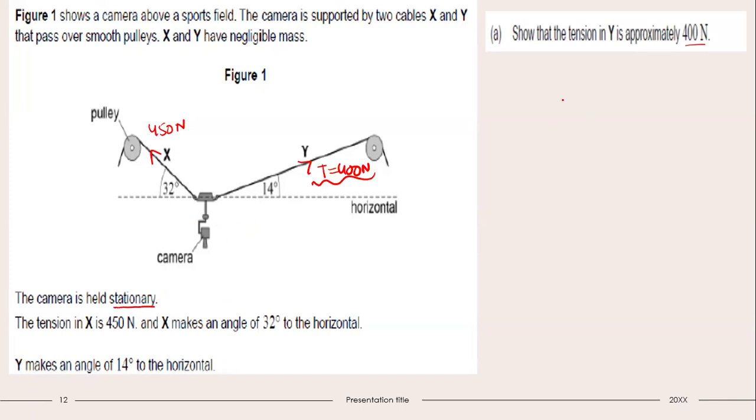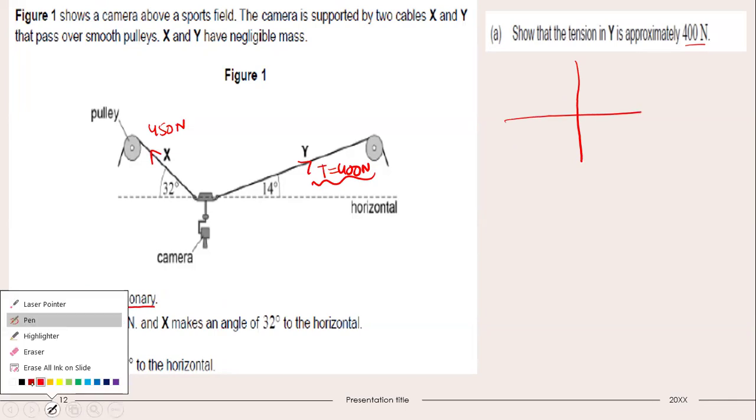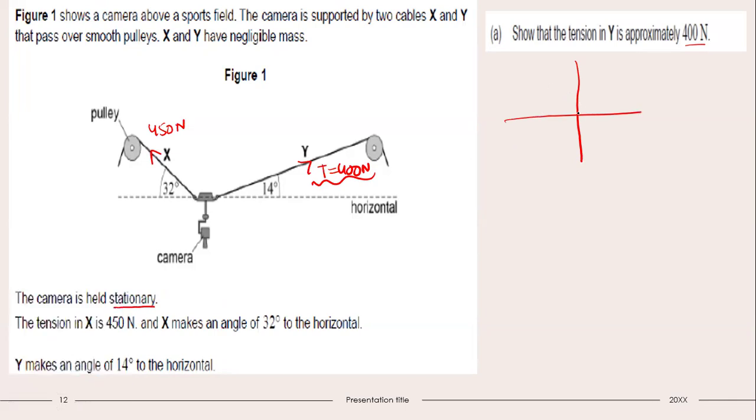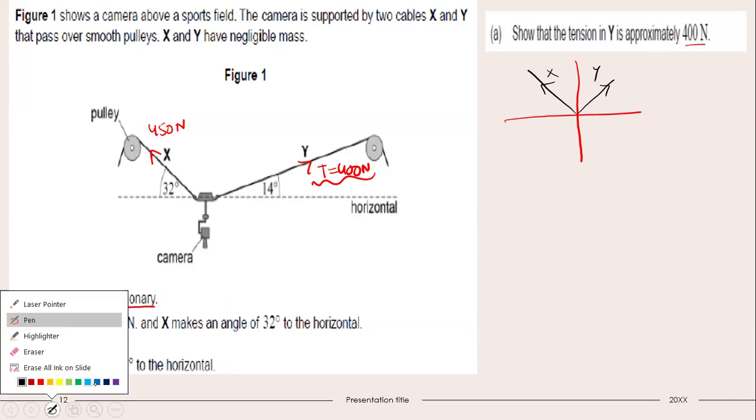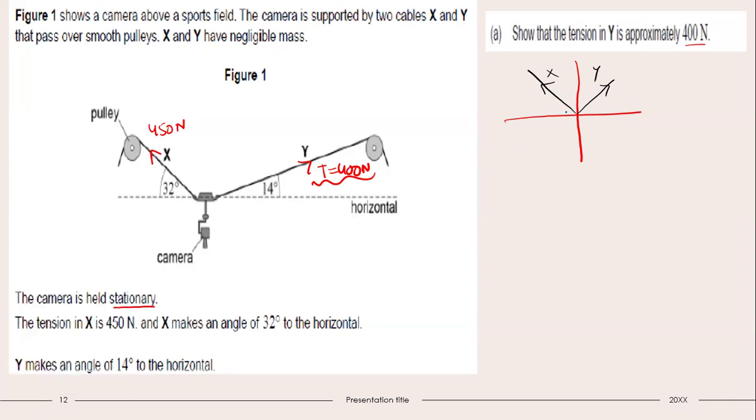So what we do is we resolve. Whenever you have to resolve, make a plus sign over there, and then resolve these forces, x and y. When you resolve x, as this is 32, this one is 450 cos 32, and this one is Y cos 14.